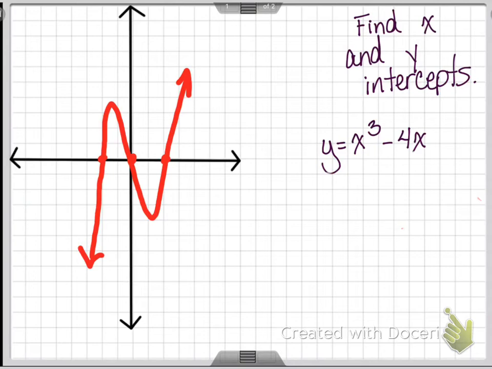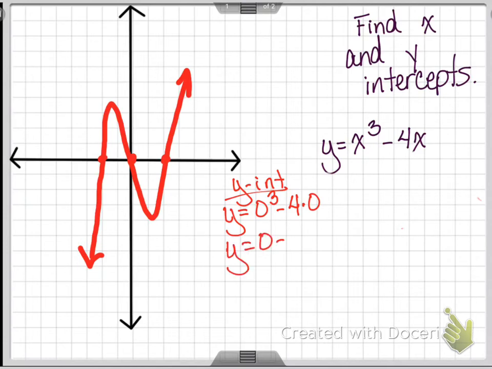So, to find my y-intercept, I am going to plug 0 in for x. So I'm going to have y equals 0 to the third minus 4 times 0. 0 to the third is 0. 4 times 0 is 0.